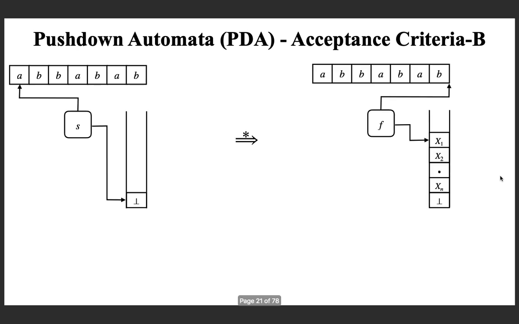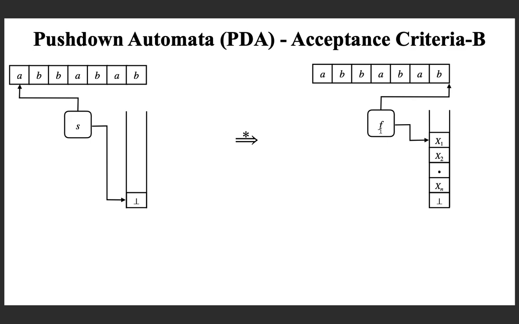One more is there, just like the finite state automaton. Here you start with the start state S, the read head pointing to the first symbol, and only the bottom of stack symbol on the stack. When you finish reading input, you need to be in a final state. So this is the final state acceptance criterion.